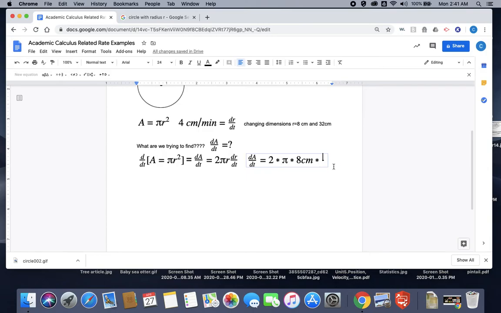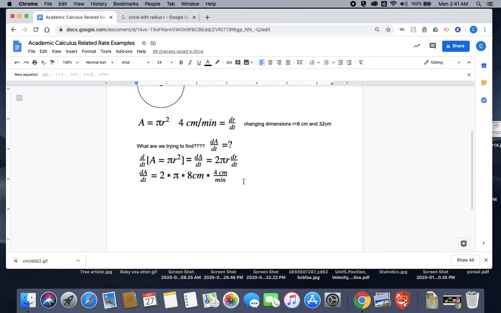It's very important when we do this that we keep our units correct, so that when we get to the end, we make sure that we have our units correct. We can do this math very quickly here. 2 times 8 is 16, and 16 times 4 is 64.